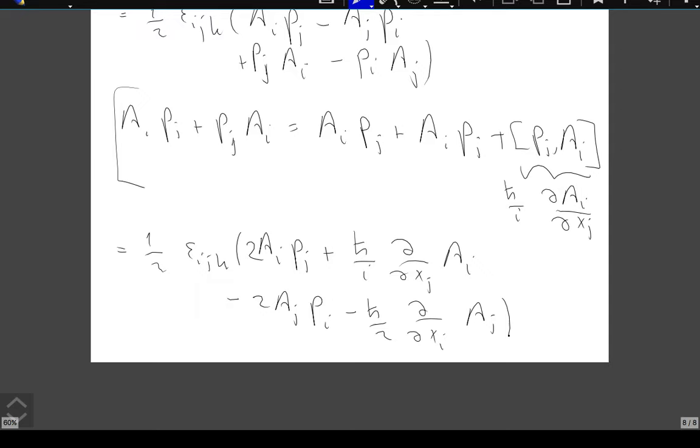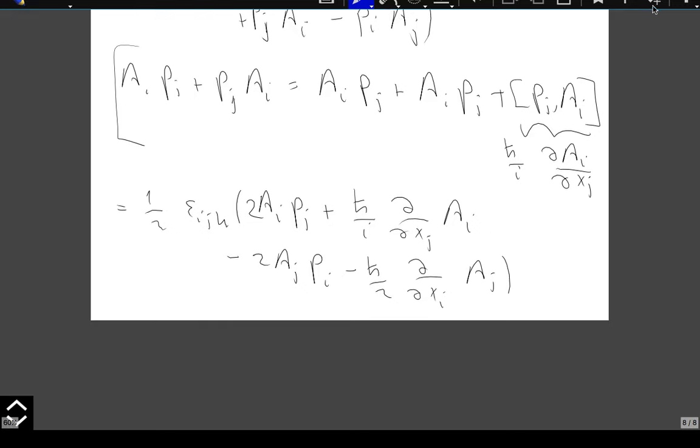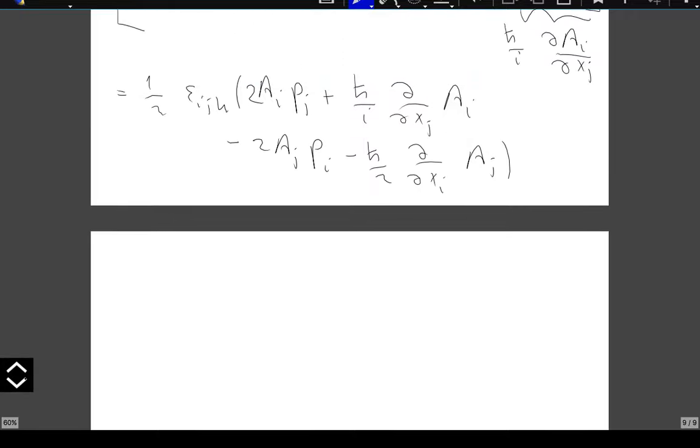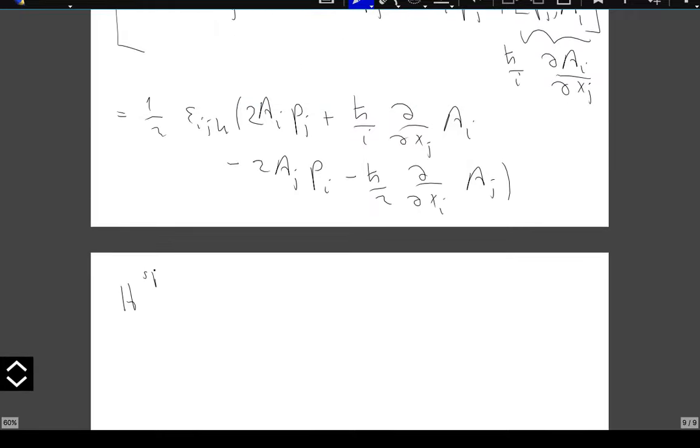Well, you see that the derivative just gives me the curl of A, but the curl of A is nothing but my magnetic field. That term will give me the interaction with the magnetic field. And that is the term I am interested in.